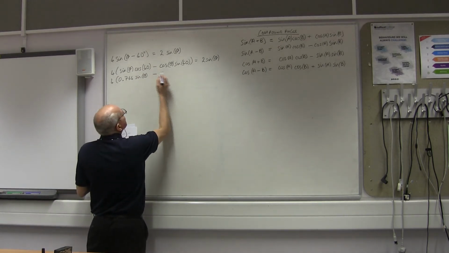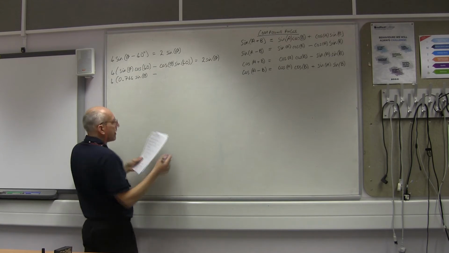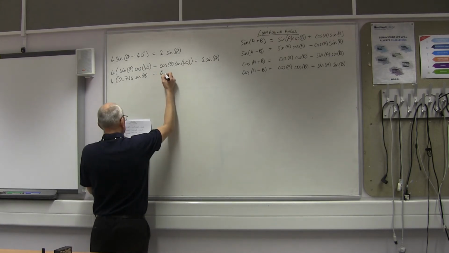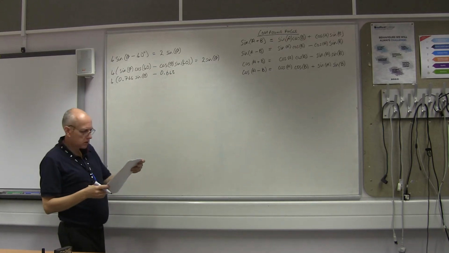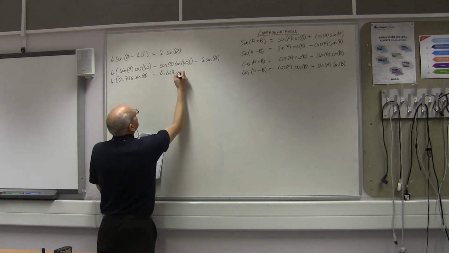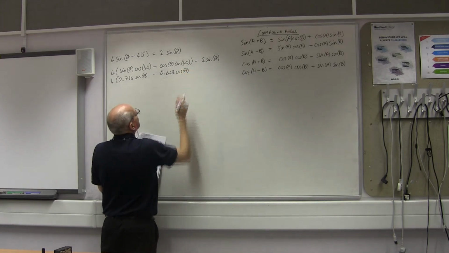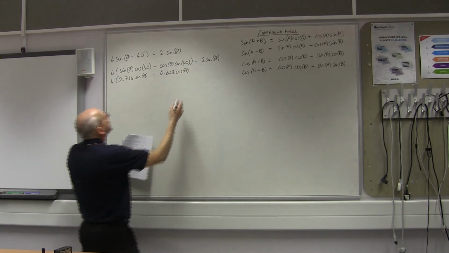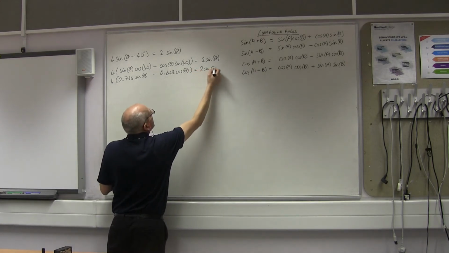And then the same thing for sine 40: 0.642. Right, yeah, I agree. 0.64278, so yes. Okay, good. And that still equals 2 sine theta.